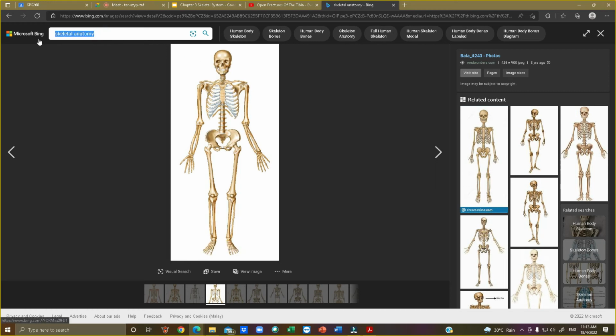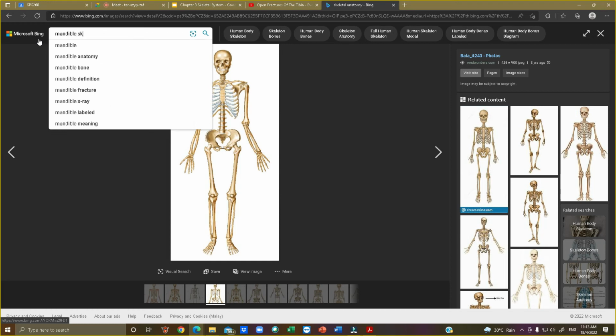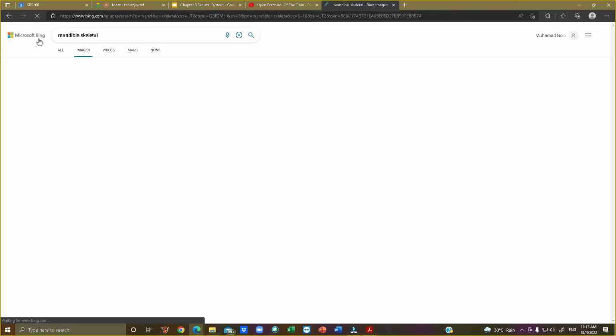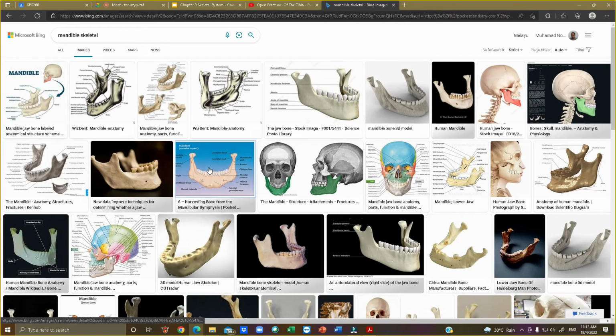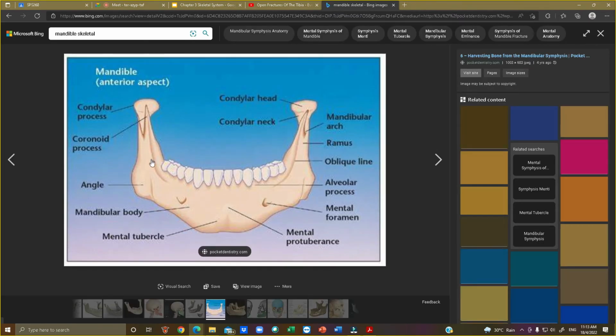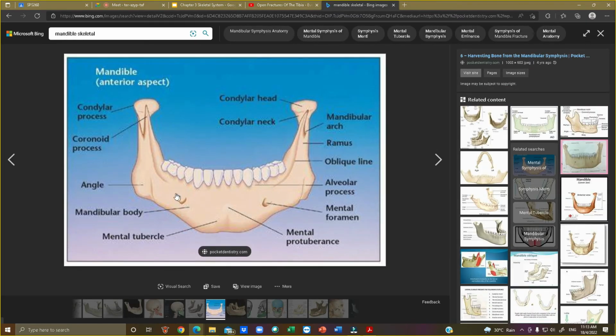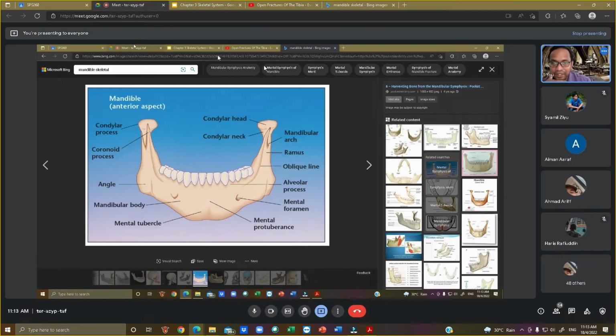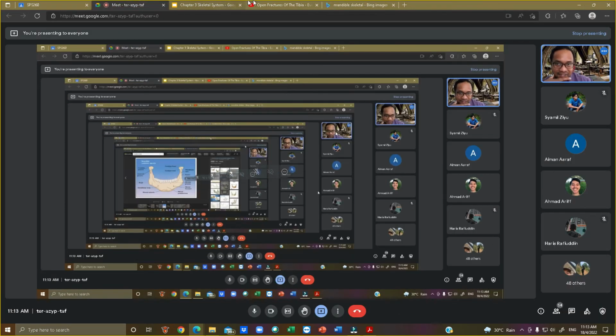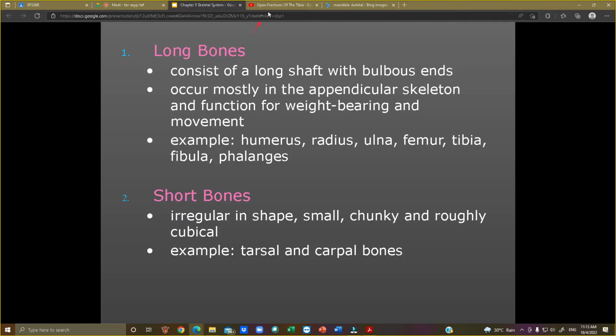No. Sekejap boleh kita keluarkan. Mandible skeletal. Can we see some kepetakan here? Enggak ada. Tak ada kepetakan.